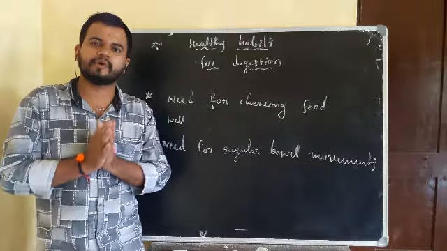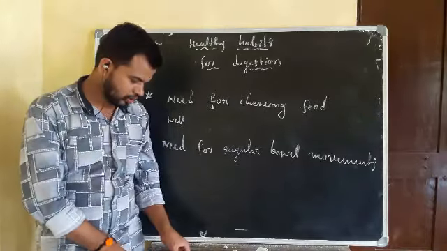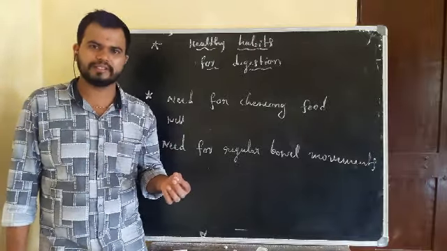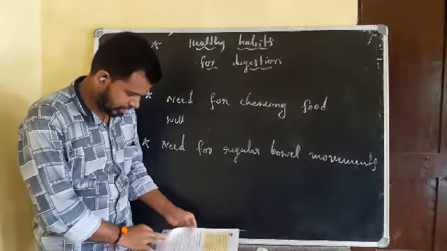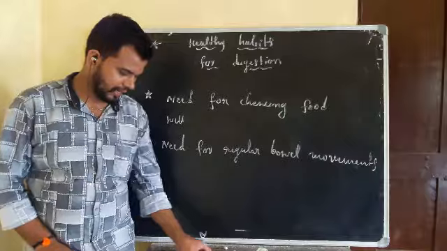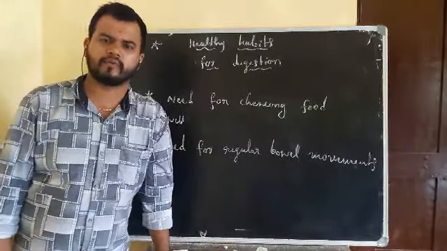Okay, this is about the digestive system, my dear students. You have to read the complete chapter once, and then you will be able to write the questions asked in the exercise. Earlier I said you have to prepare your own notes.